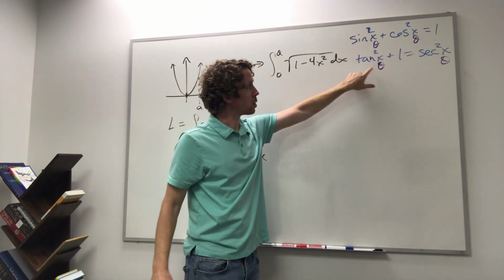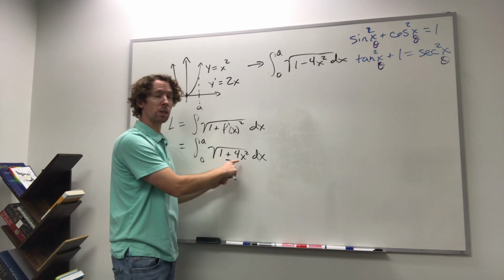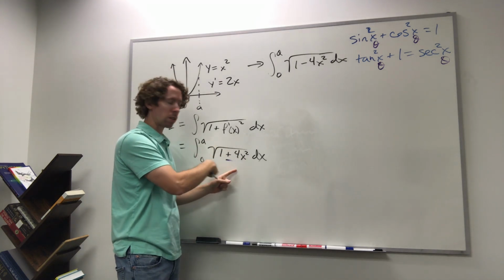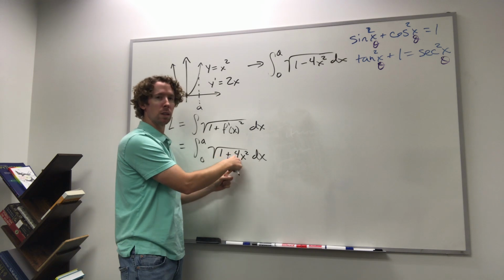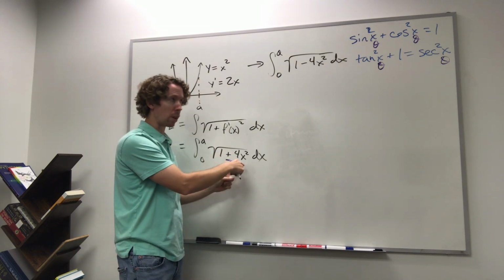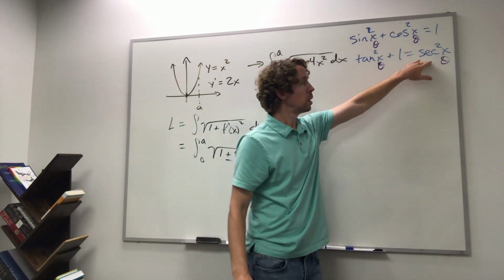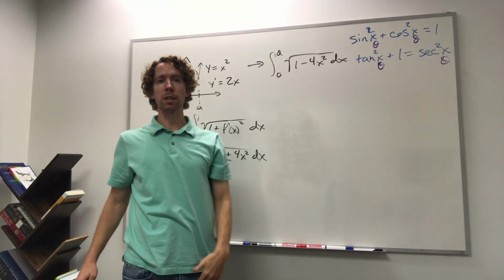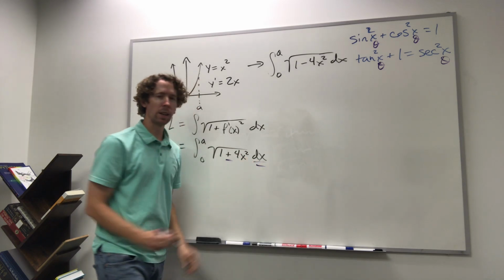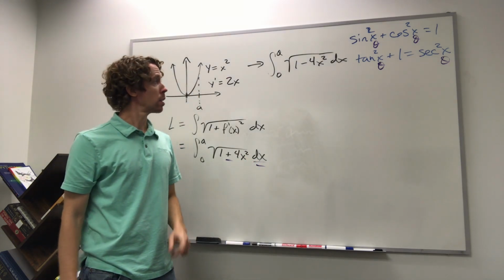So if I let tangent squared theta equal 4x squared, then I can replace this with the square root of 1 plus tangent squared theta, which would make it the square root of secant squared theta from this equation. Square root of secant squared is just secant, so the square root is gone. Then you just have to figure out how to rewrite dx in terms of d theta.